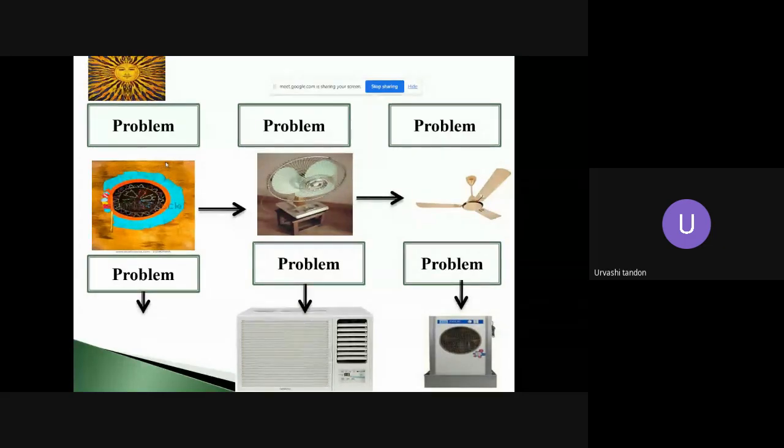Now the window AC was suitable for smaller rooms with limited area, right? So with the window AC, although the problem of heat was sorted out to a great extent, it again led to the invention of the split AC.